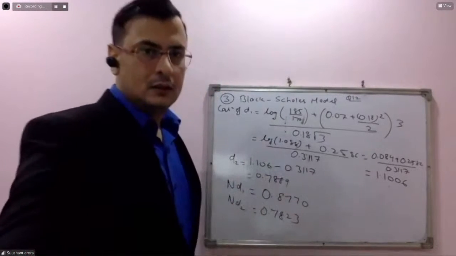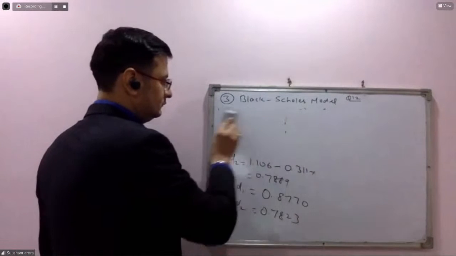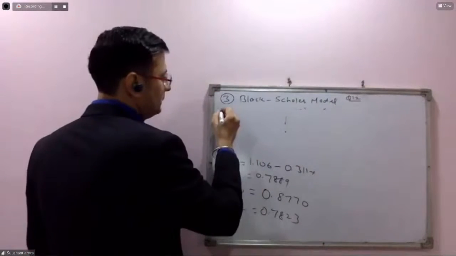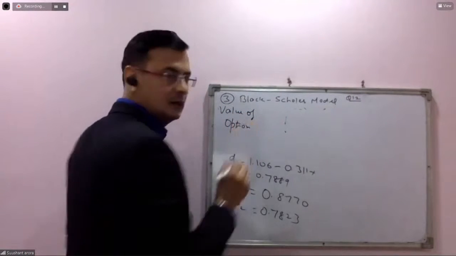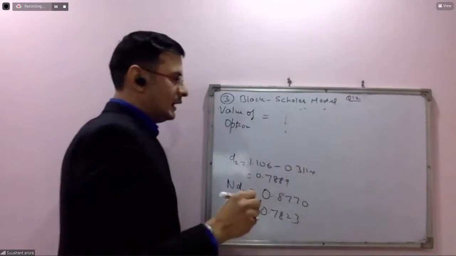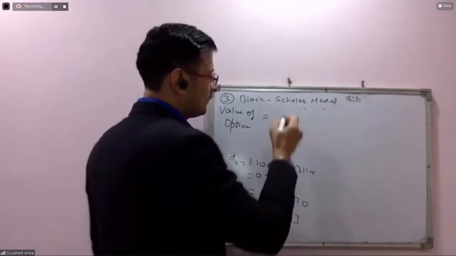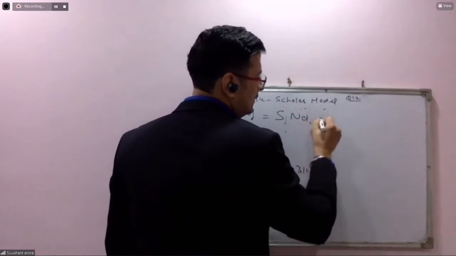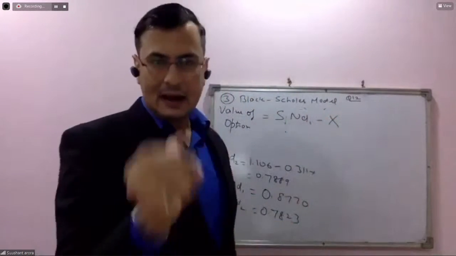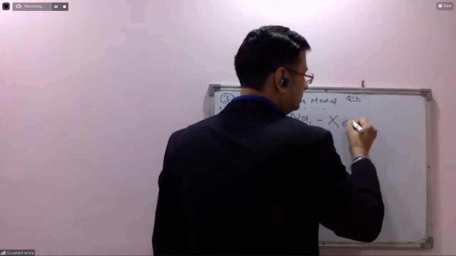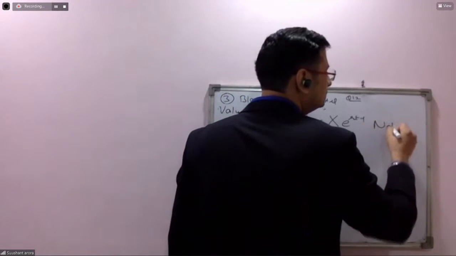So what was the formula, students, if you remember that? Value of option, okay, it started with S and N(d1), minus X e^(-rt), if you remember, N(d2).